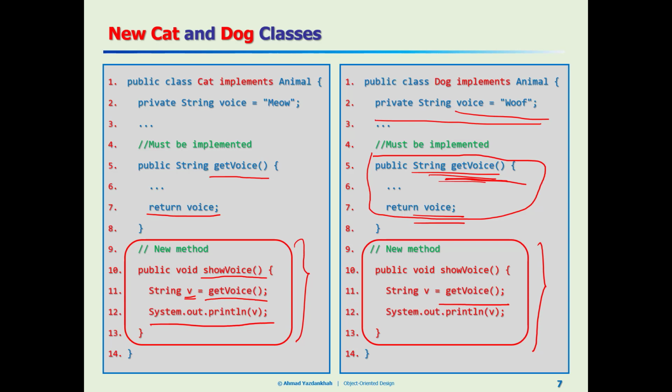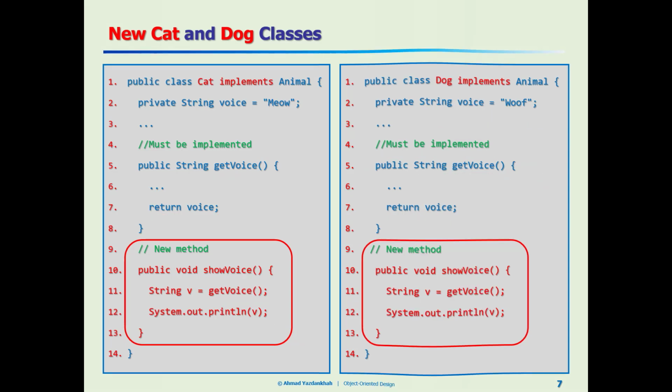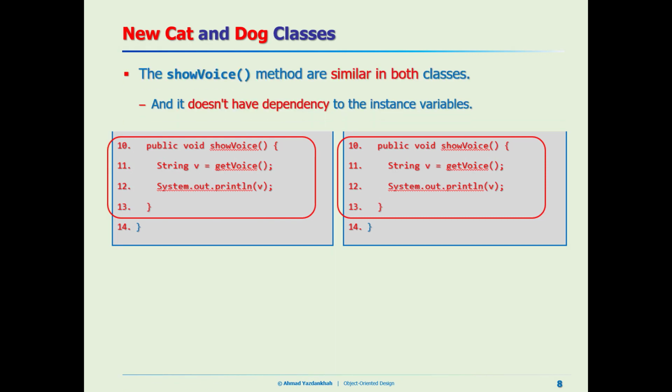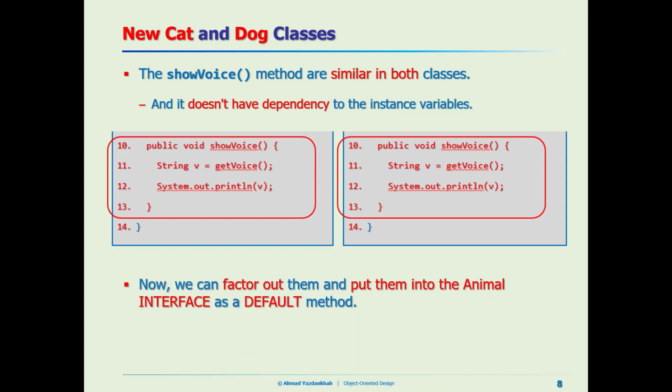All right. So now we have two exactly similar methods in both of them. We factor them out and put them in the interface, but note that we need the default keyword.